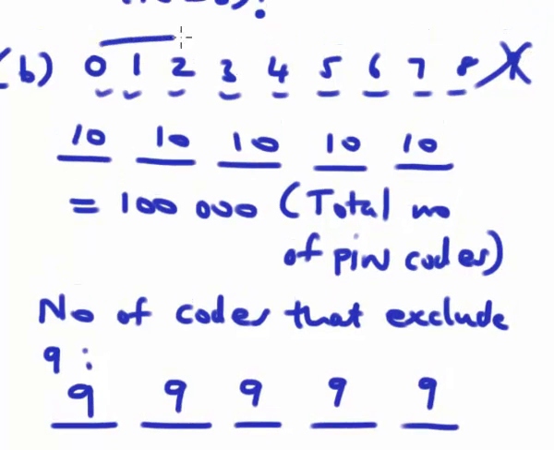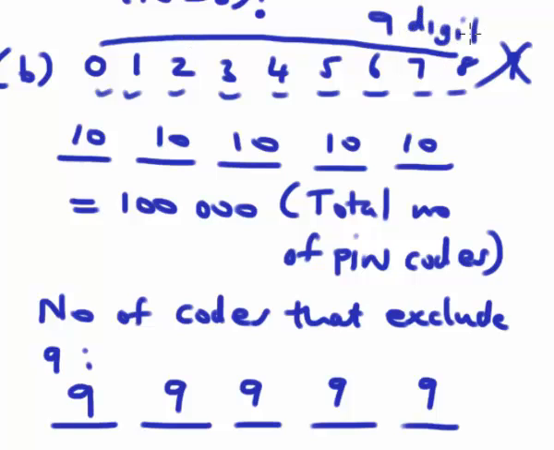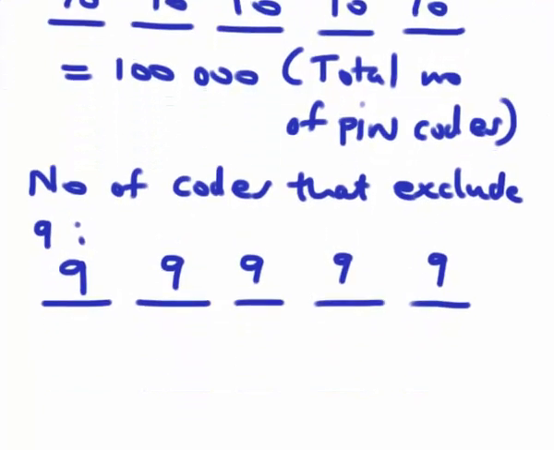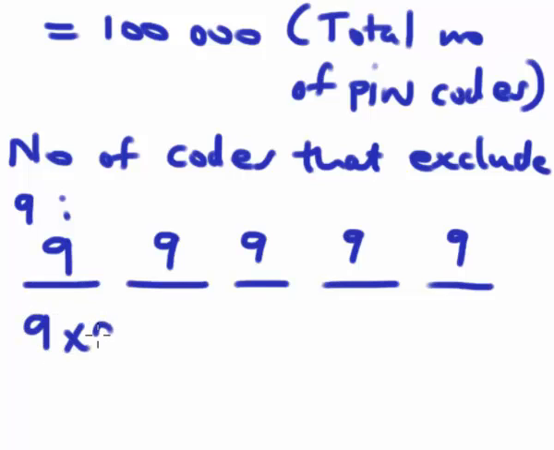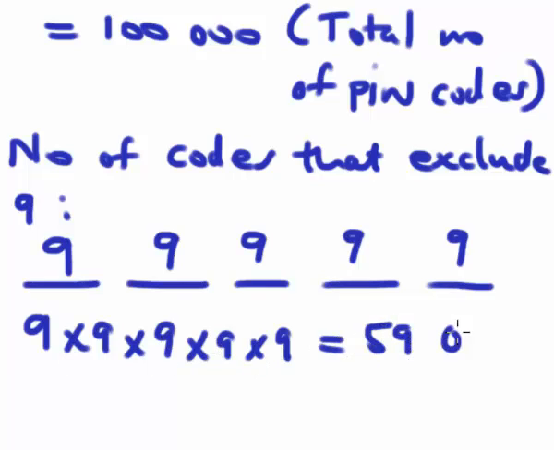Remember that there will be 9 digits left if you exclude the number 9. So how many would we then have here? 9 times 9 times 9 times 9 times 9. If you multiply all that together, you're going to get 59,049. So that's the total number of codes that do not have 9 in them.